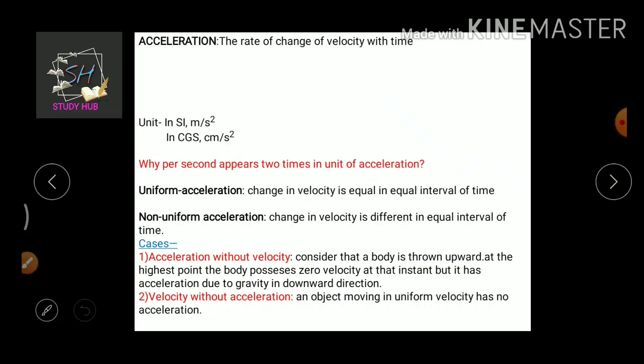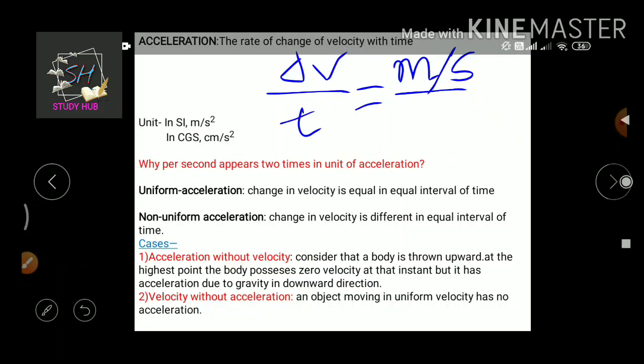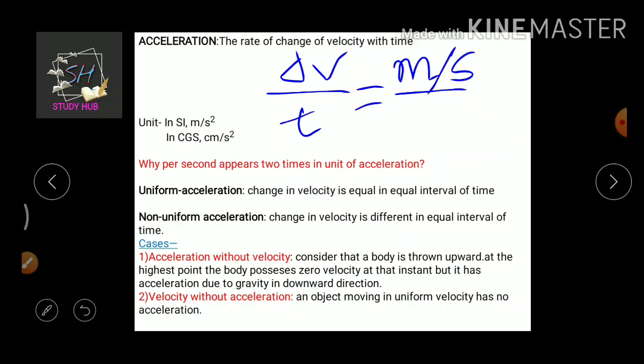The definition says rate of change of velocity. That means v minus u gives us velocity; suppose we write v minus u as del v. Del v is the difference of v, divided by t. The numerator is in terms of velocity, so in the SI system its unit is meter per second, and in the denominator there is time, so its unit is second.